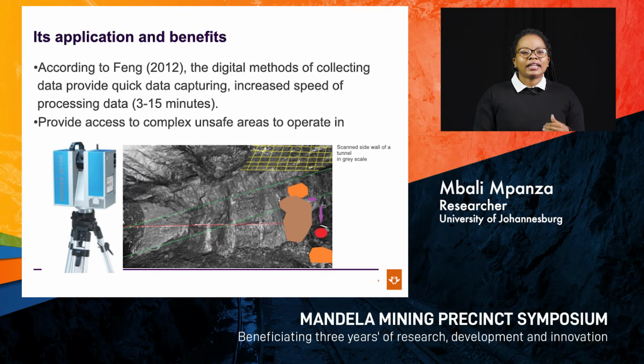So with a laser scan or a LIDAR scan, you can just place it and set it up in a working area, for example if the working area has very bad ground conditions, and you leave it there to scan without you actually going into the working area and physically being underneath that bad hanging wall condition. So really, as an aspect of safety and accuracy, a LIDAR scan is quite good.